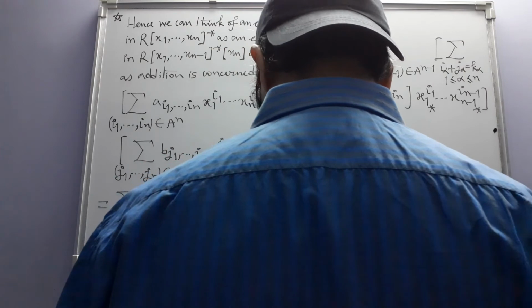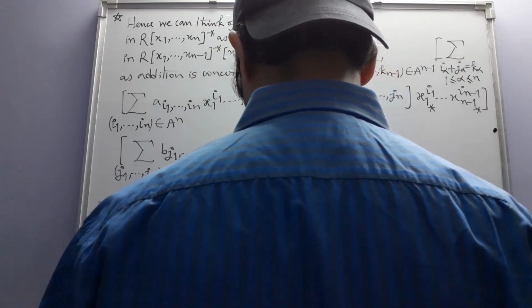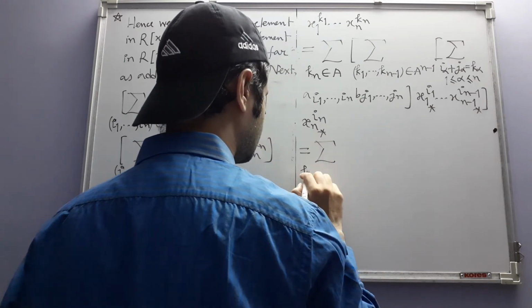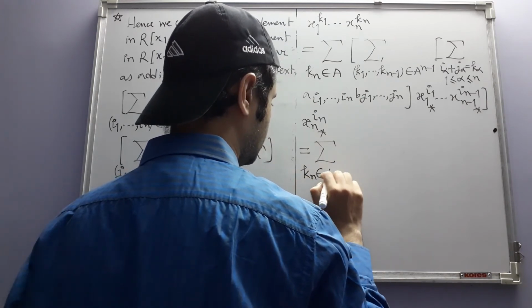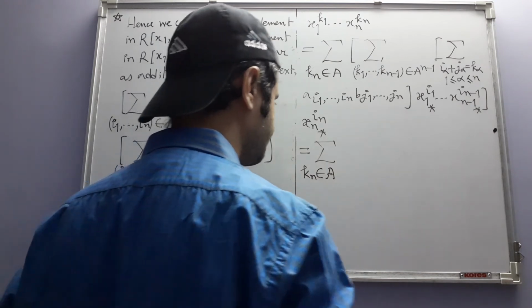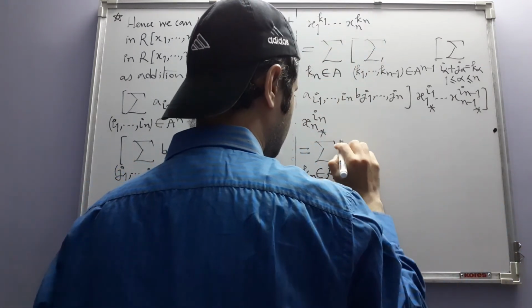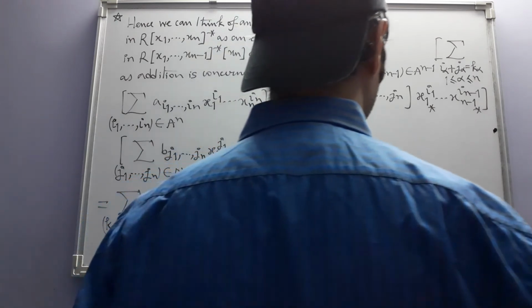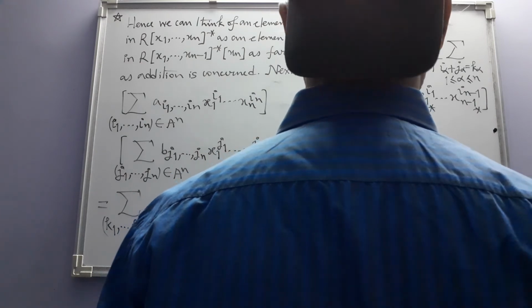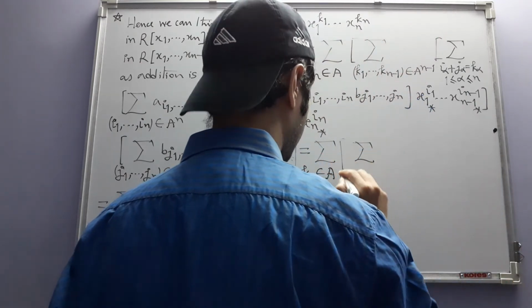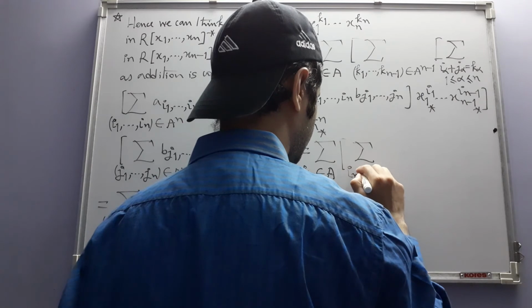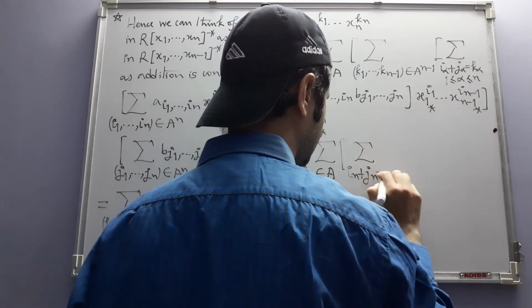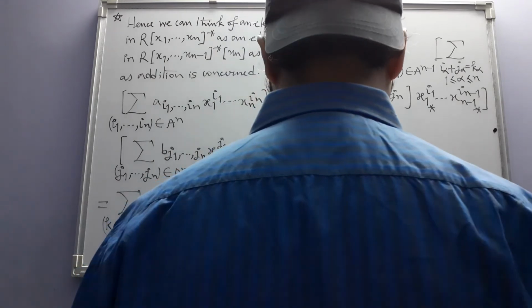So in place of this we can write like this: summation Kn varying over A, then summation In plus Jn is equal to Kn.